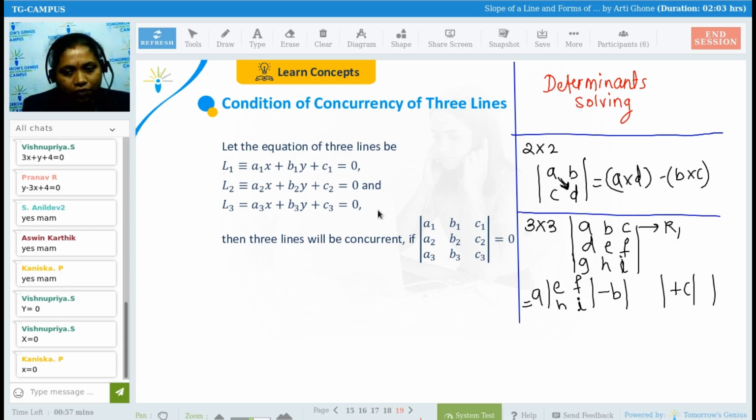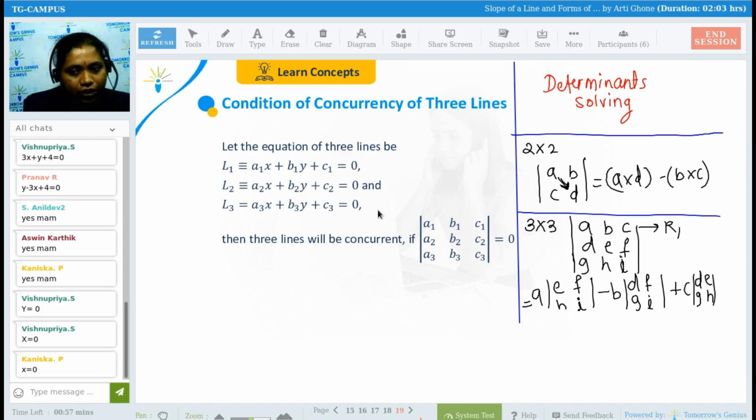Minus B: eliminate its row and column, it is D, F, G, I. Just solve it with the 2 by 2 procedure. And eliminate the row and column of C, you will get D, E, G, H. Clear? So if you solve this, you will get the final answer.